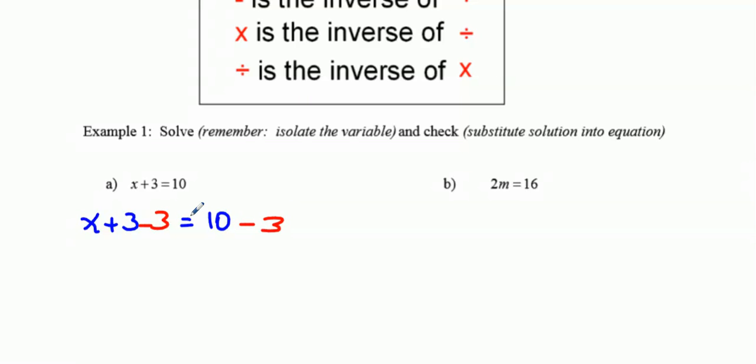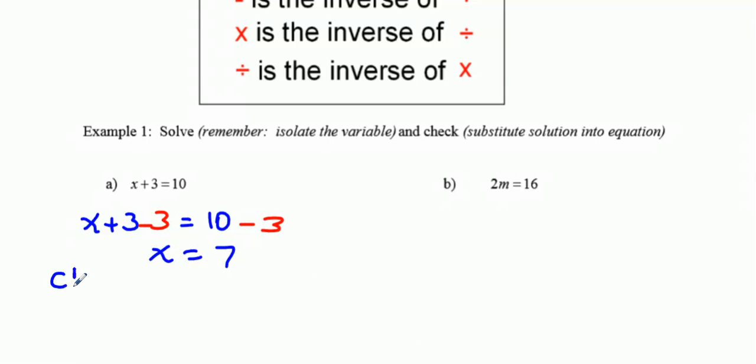The old rule in math is what you do to one side, you must do to the other, and you do that because it has to stay in balance. So x plus 3 minus 3 equals 10 minus 3, and then I would just evaluate both sides. This, of course, should work out to just x, and then I get 7 over here, and I've isolated the variable.